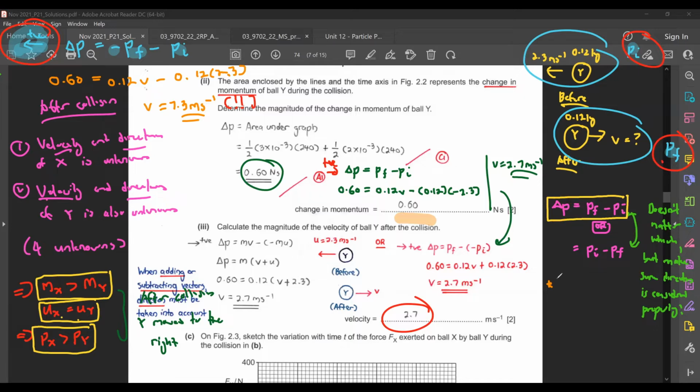Here, momentum change direction is always in the direction of force acting on the object.